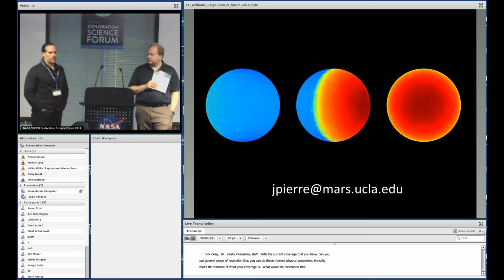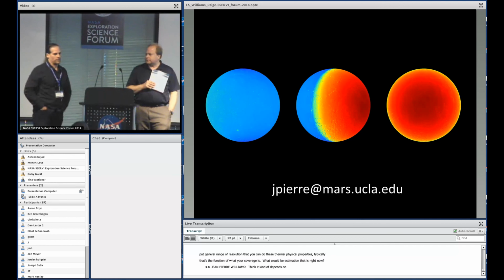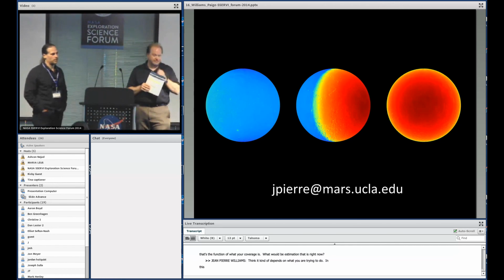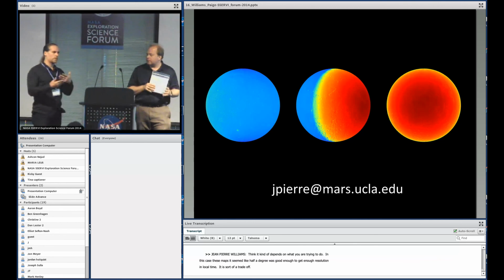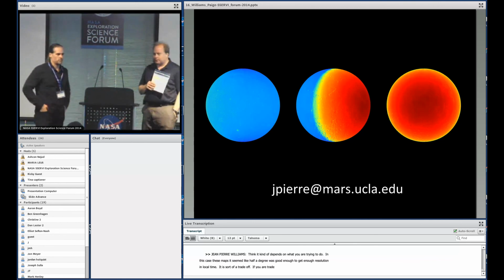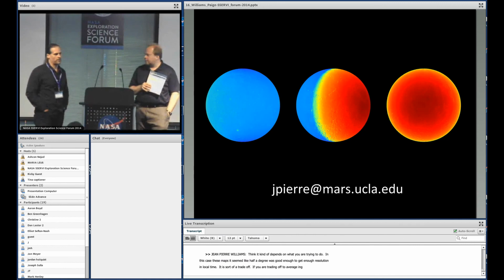I think it depends on what you're trying to do. In this case, with these maps, half a degree seemed good enough to get enough resolution in the local time. It's a trade-off. As you increase the spatial resolution, you lose your local time resolution. If you're creating maps where you're averaging a lot of these map cycles together, you're not so worried about that. We've been able to do some bolometric temperature maps all the way up to 128 pixels per degree.